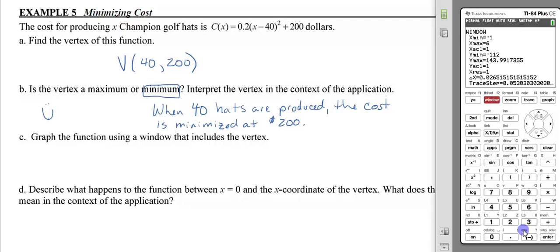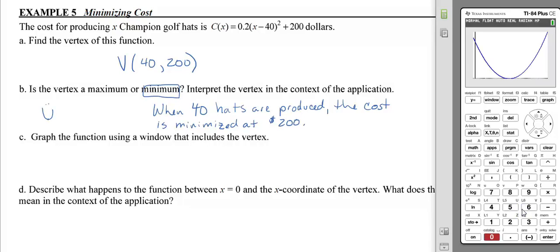So let's go ahead and make the window go from -2 so we can see the y-axis clearly, and 40, the x value of my vertex. Let's go a little past double of that, so maybe 85. And we'll do a zoom fit.